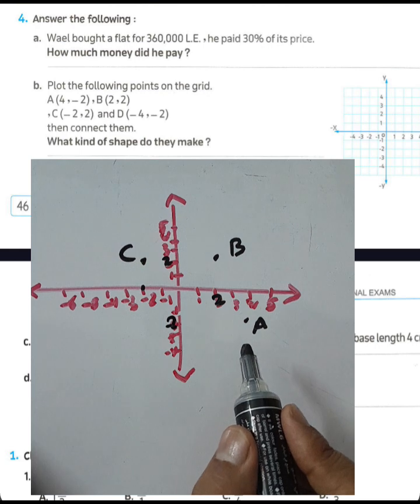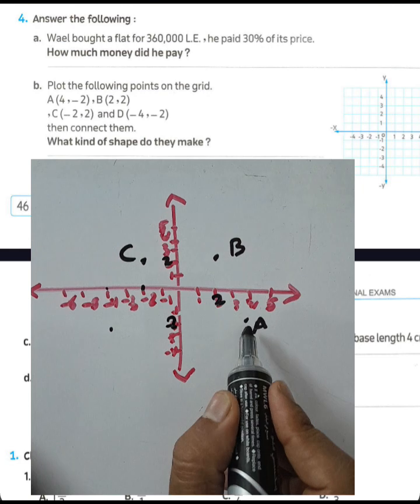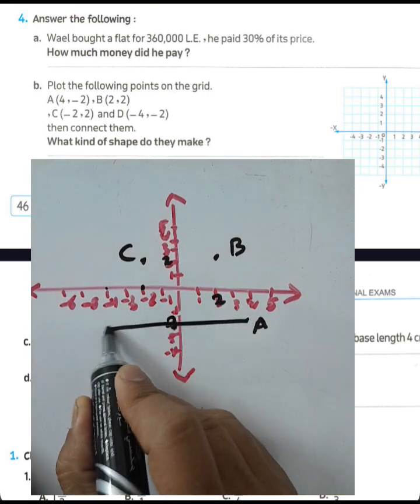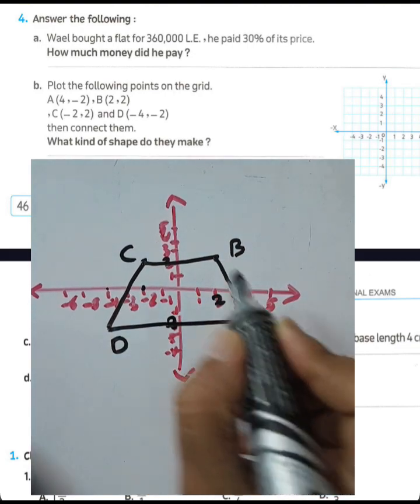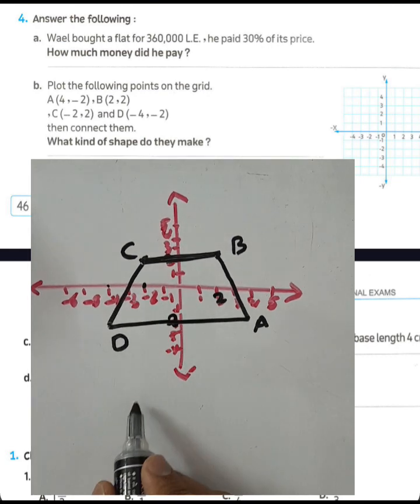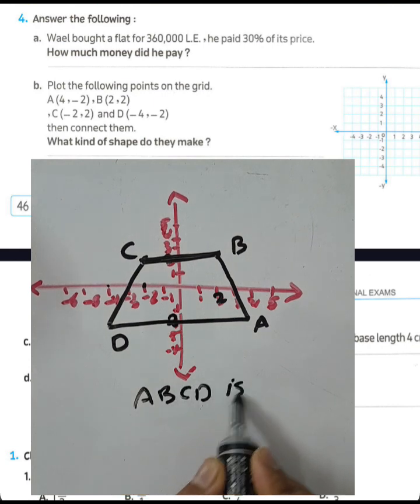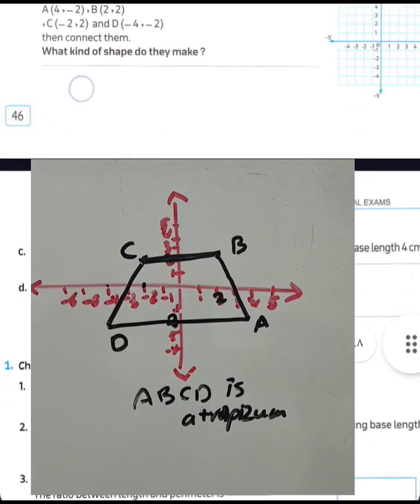Point D, negative 4 and negative 2, here, it's point D. Then we have a trapezium. Okay, and we know the area of a trapezium is half the sum of the two bases times the corresponding height. Then ABCD is a trapezium. We call it a trapezium.